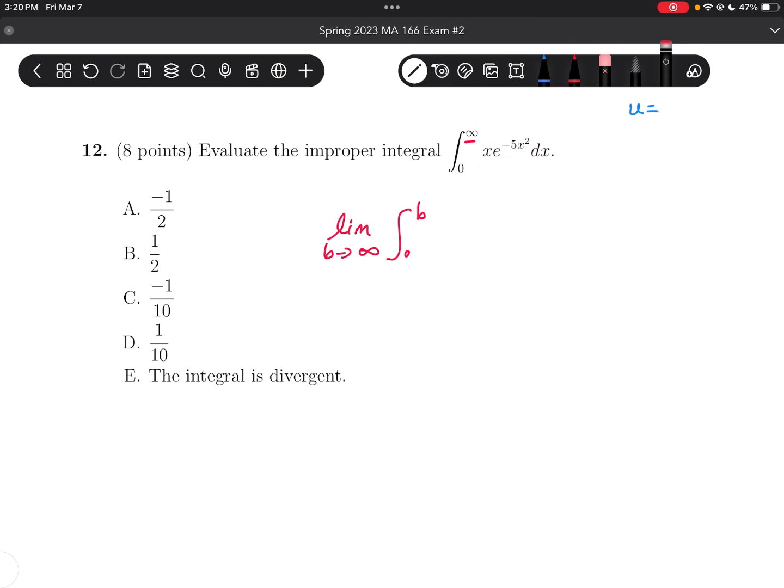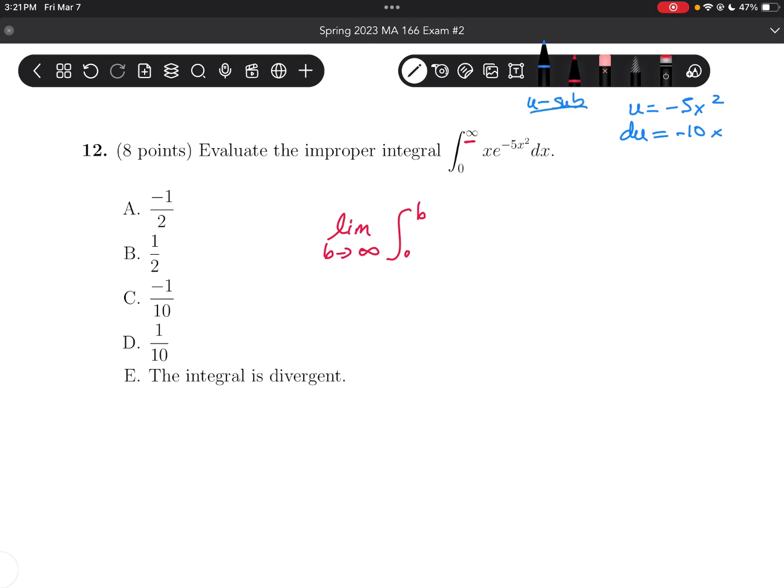So in this case, I have negative 5x squared, which I can set as my u, and du in that case would equal negative 10x. And you'll notice in front of the e, I have an x, which is very similar to negative 10 times x. They only differ because I'm multiplying by negative 10 here. So that's why we would use substitution in this case.